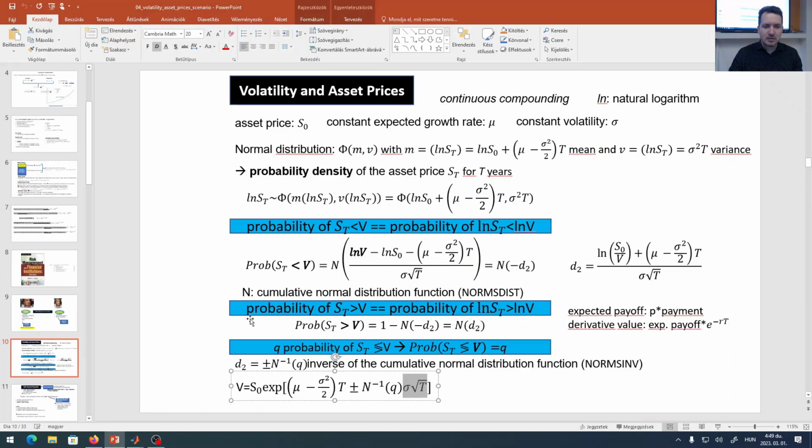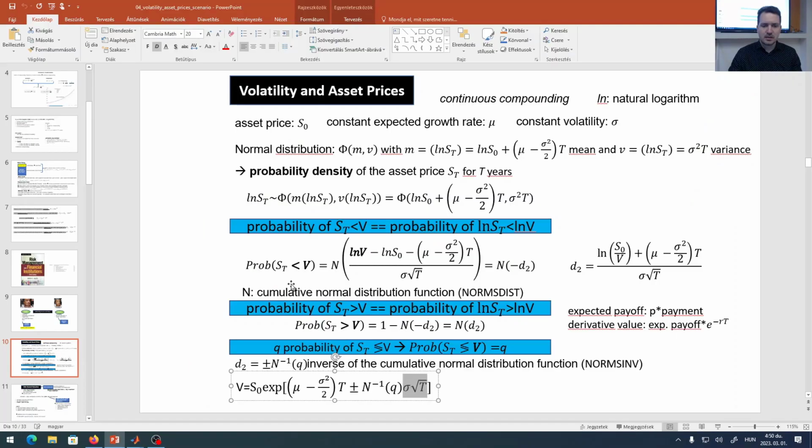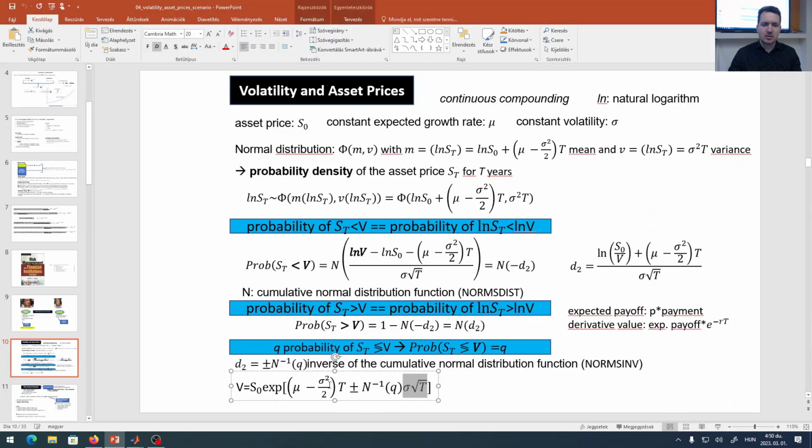Oh, and we should start here as well. So this mu, sigma, and so on thingy can be copied here and here as well. Let's say that minus, yes, sigma squared divided by 2 and multiplied by t.